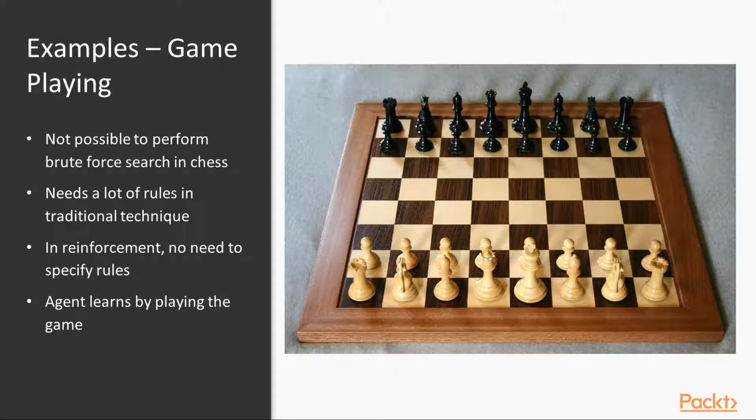If we were to build a machine to play such a game using traditional techniques, we would need to specify a large number of rules to cover all these possibilities. Reinforcement learning completely bypasses this problem. We do not need to manually specify any rule. The learning agent simply learns by actually playing the game.